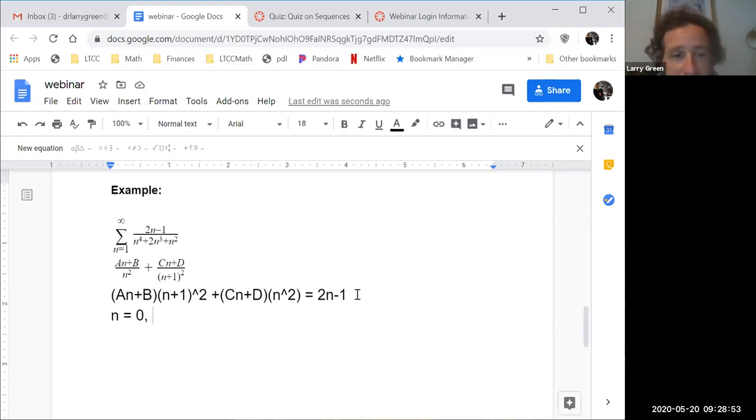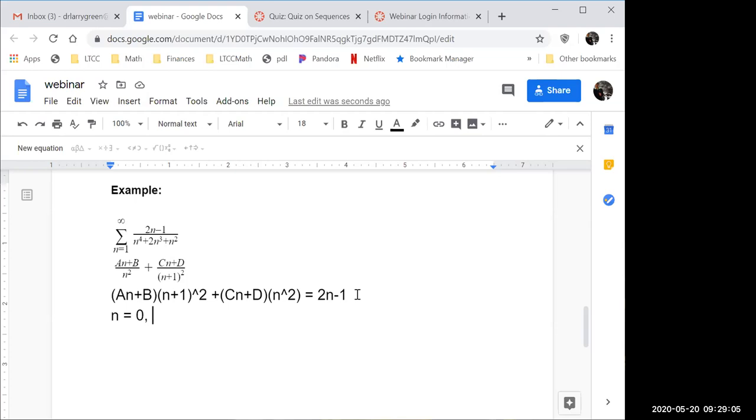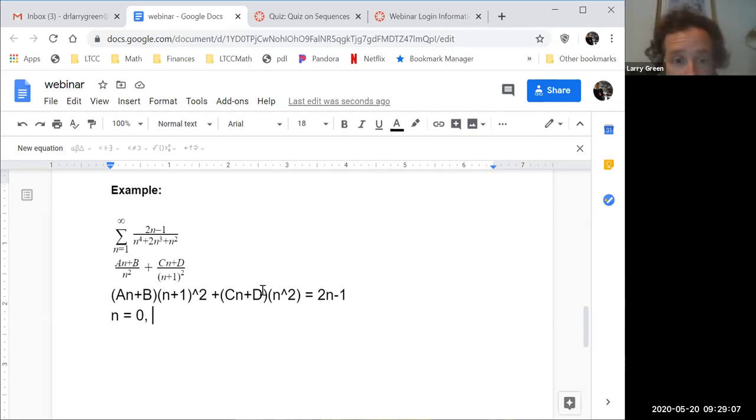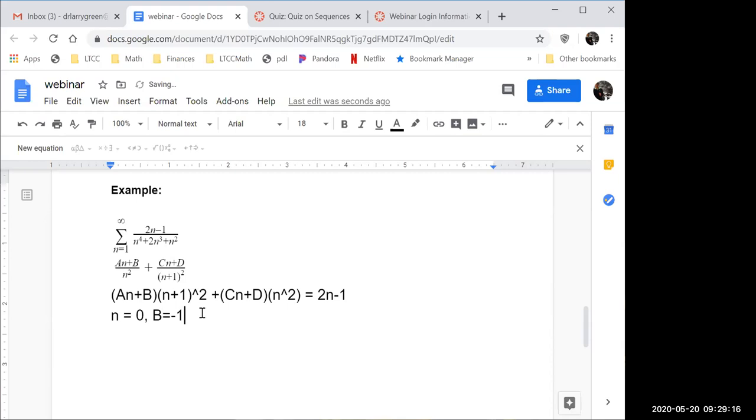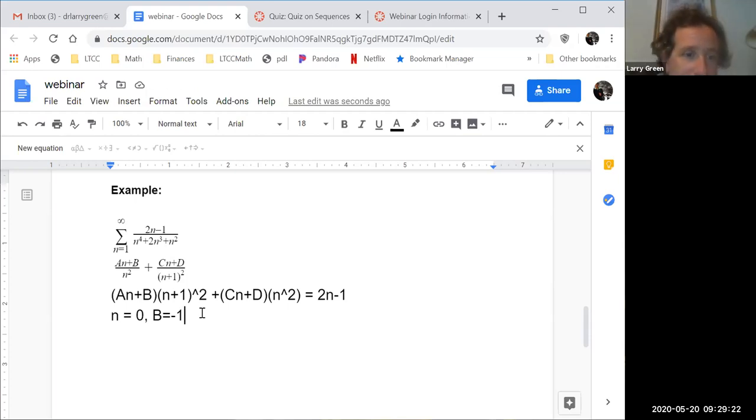Okay, if n is 0, let's look at the right-hand side first, because I think you're not paying attention. 2n minus 1 is 2 times 0 minus 1, which is -1. B plus D equals -1. Now remember that we're multiplying by n squared over here. That goes away. So it's just B equals -1. Is that clear? Okay, so that's if n equals 0.